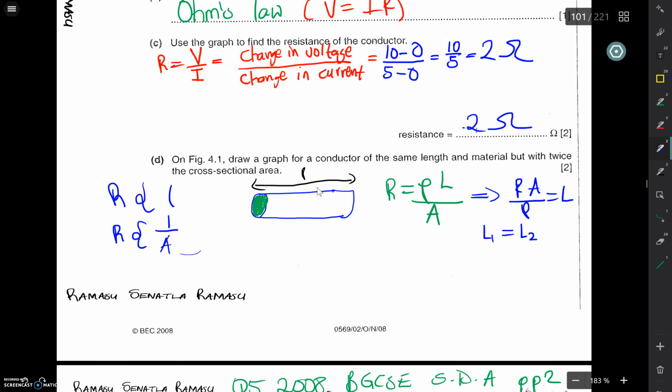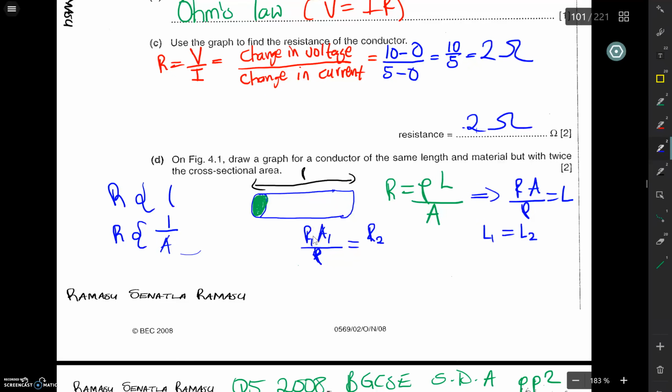So because L is equal to resistance times area over resistivity, we say that R1 times A1 over rho is equal to R2, which is the resistance of the new conductor, times 2 A1 over rho, since they tell us that the new conductor has twice the cross-sectional area of the first conductor.